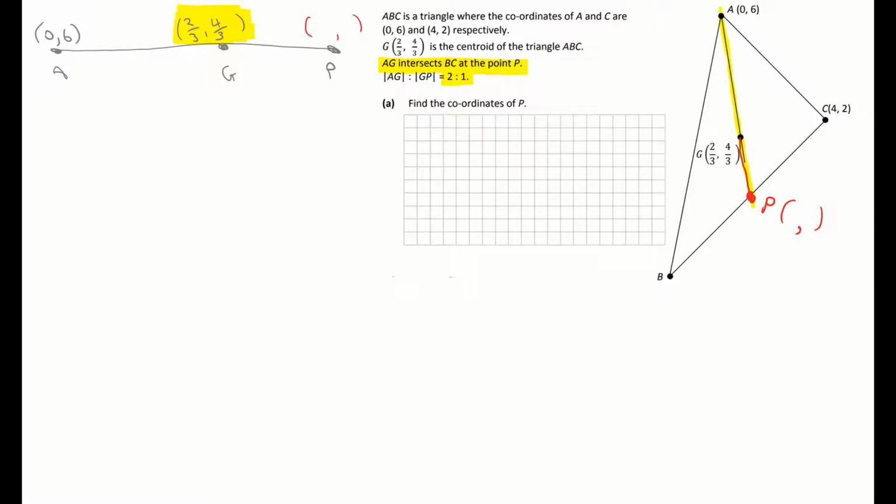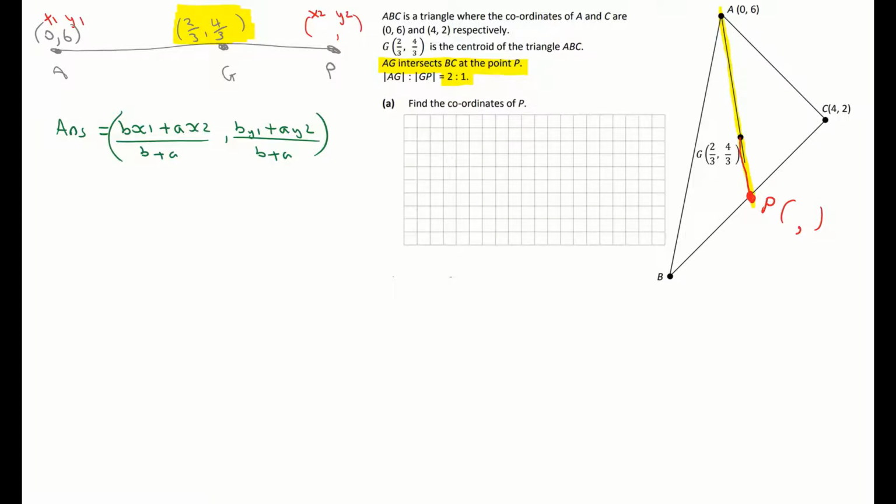In my log tables, the formula is written as: answer, being a coordinate, equals B times x1 plus A times x2 all over B plus A, comma, B times y1 plus A times y2 all over B plus A. Looking at the coordinates I'm given, I'm going to label A as x1, y1, and my endpoint P as x2, y2.